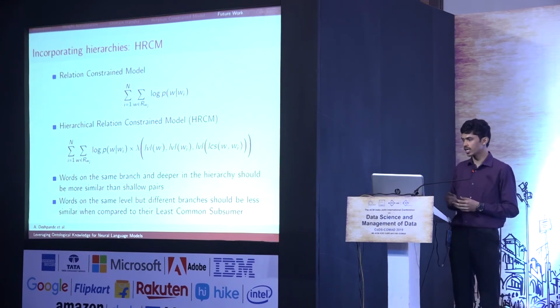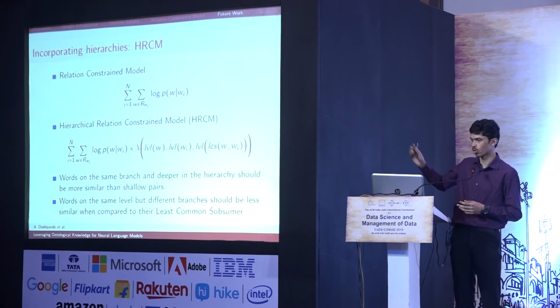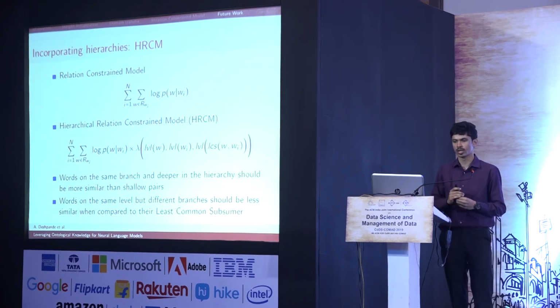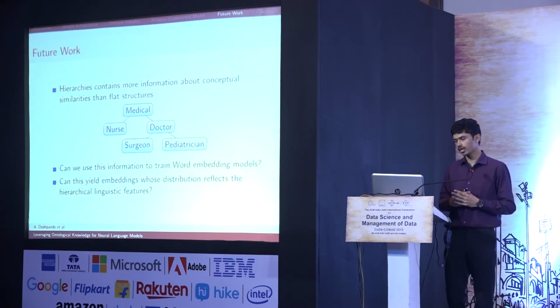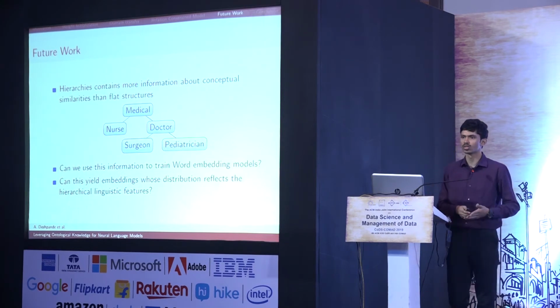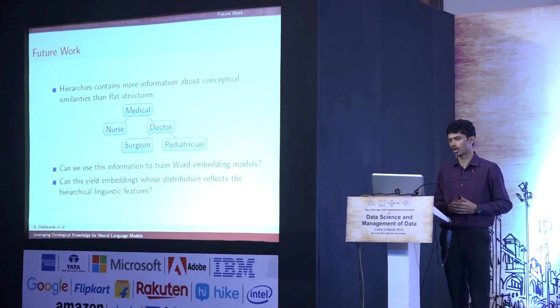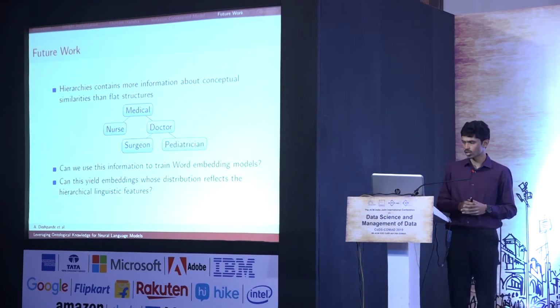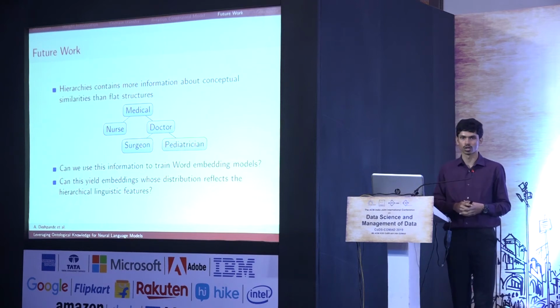The relation constraint model loss function is what is there in the first point. So this is what I was talking about before. The intuition that we're trying to use here is that in a hierarchy, the word pairs which are deeper in the hierarchy tend to be more similar to each other than word pairs which are shallower in the hierarchy. So for example, the words doctor and pediatrician will be more similar than the words medical and doctor.